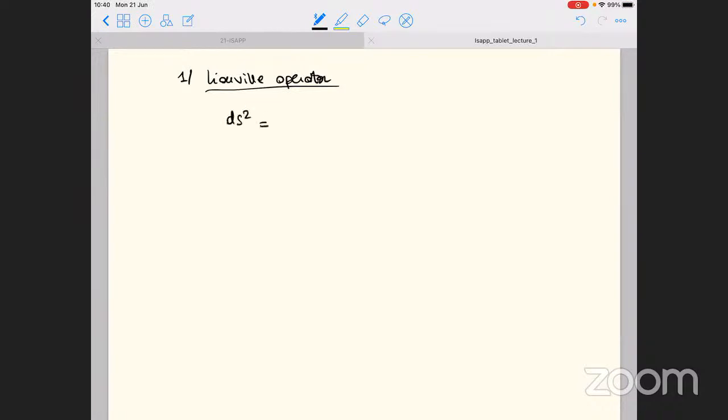dt squared minus a squared dx squared, and here you have the scale factor. So I'm considering a universe that is homogeneous and isotropic.